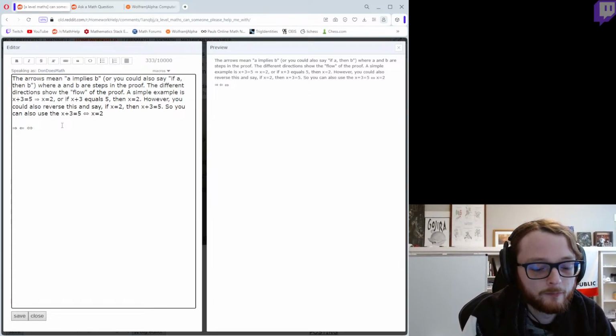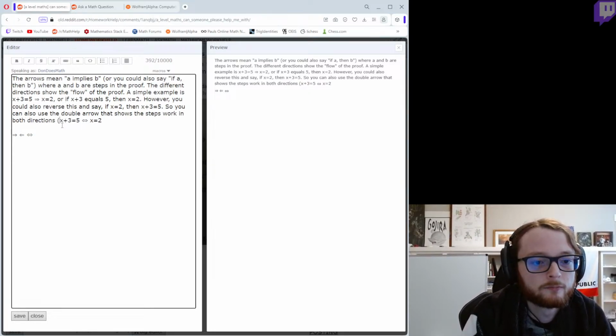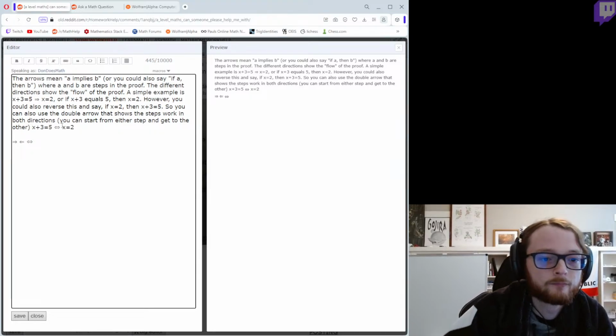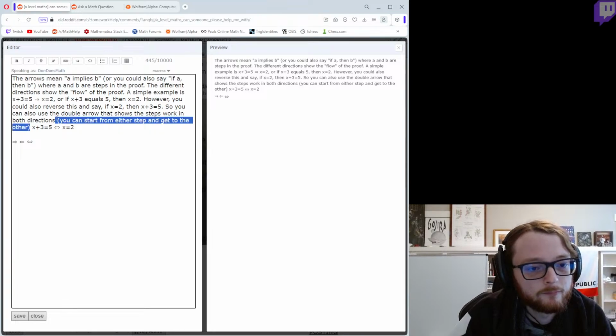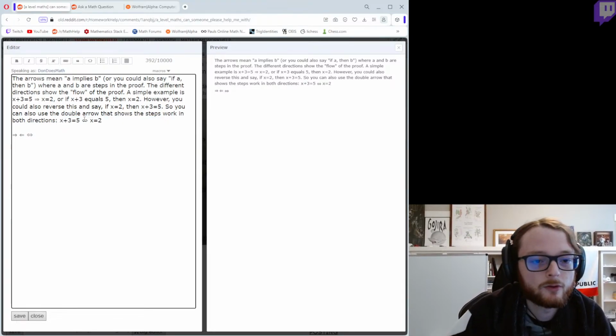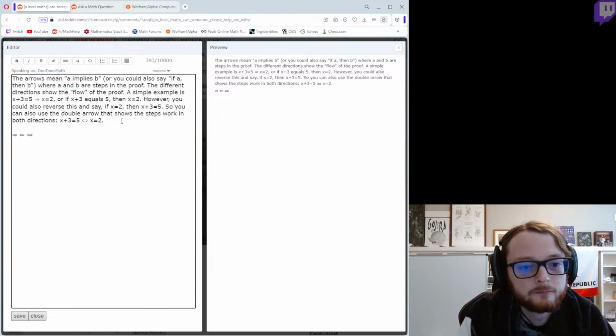So you can also use the double arrow that shows the steps work in both directions. You can start from either step and get to the other. That's fine, we'll leave it at that.